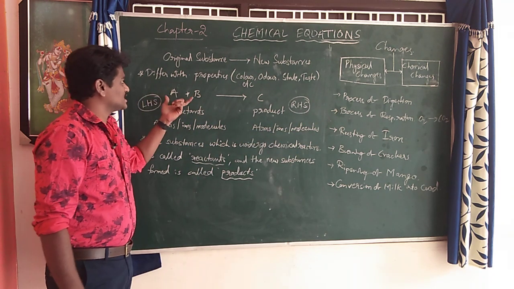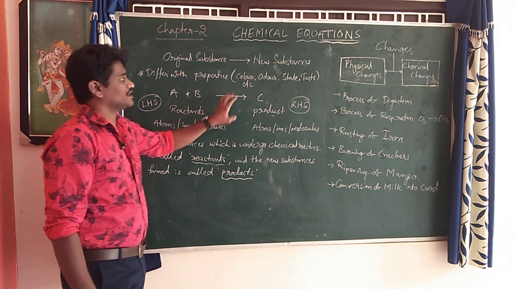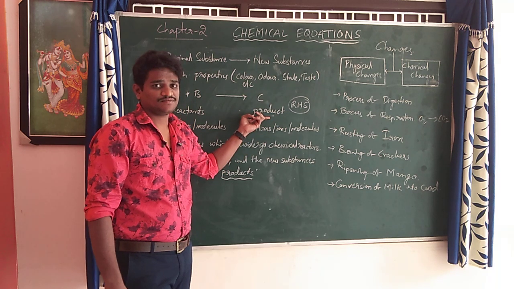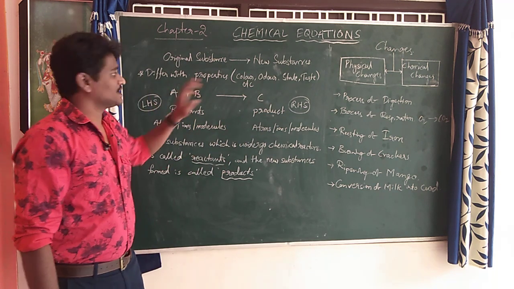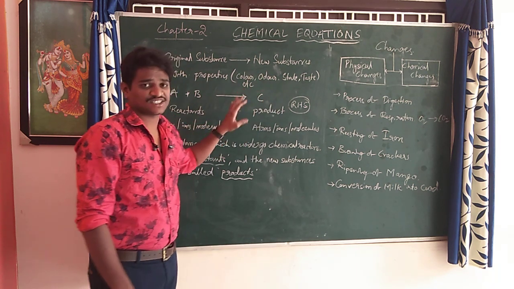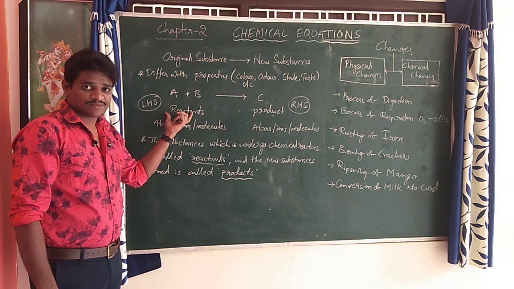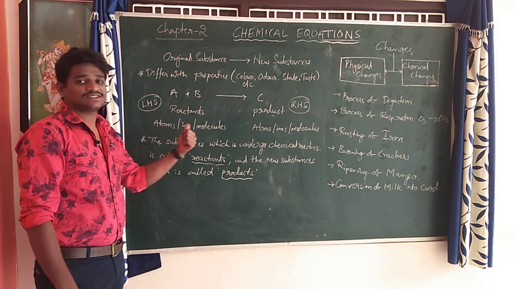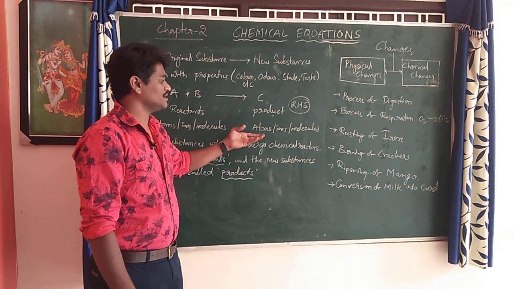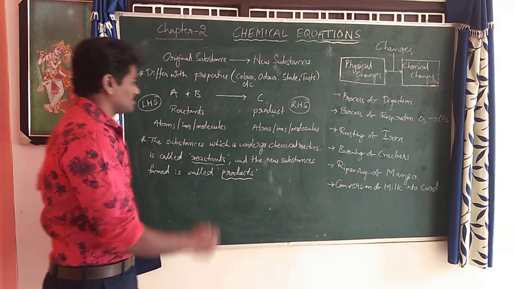These starting materials, these original substances are called reactants, and the newly formed substances are called products. So color changes, odor changes, state changes or taste changes we will generally observe. The reactants may be atoms, ions or molecules. The newly formed substance, that is the product, may be atoms, ions or molecules of compounds.